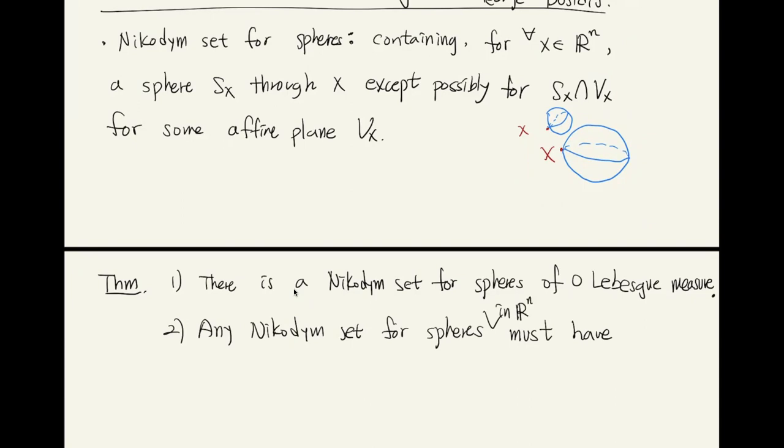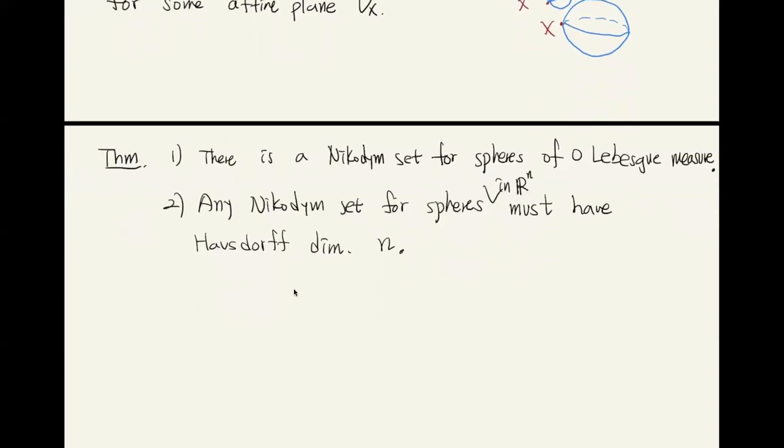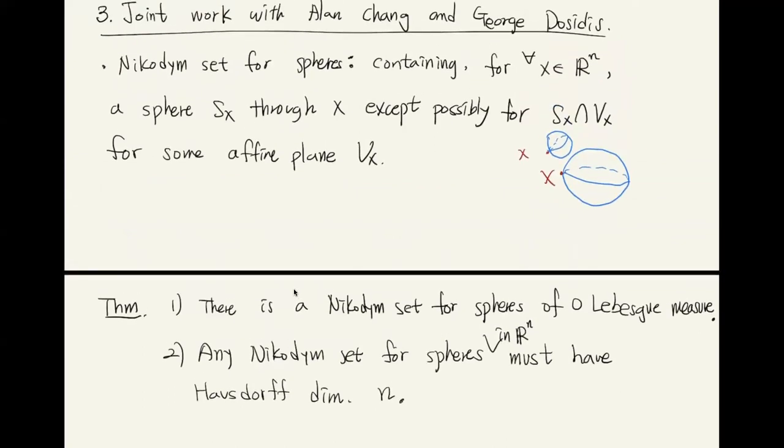So they must have Hausdorff dimension n. So this can be regarded as an analog of the work of Kolasa and Wolff for the Besicovitch–Rado–Kinney sets.